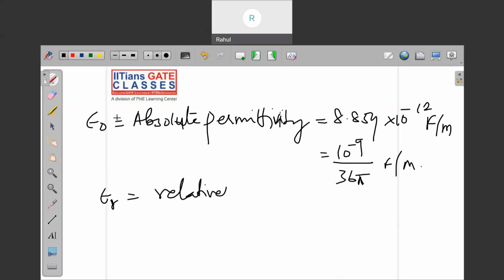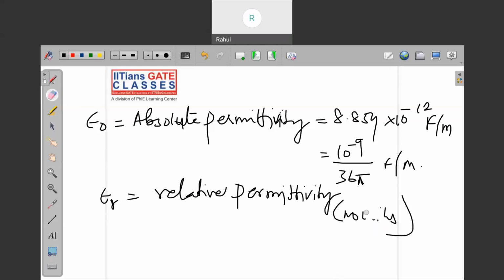Epsilon naught is the permittivity for free space, and epsilon r is the relative permittivity. Remember, it has no units. This is very, very important.